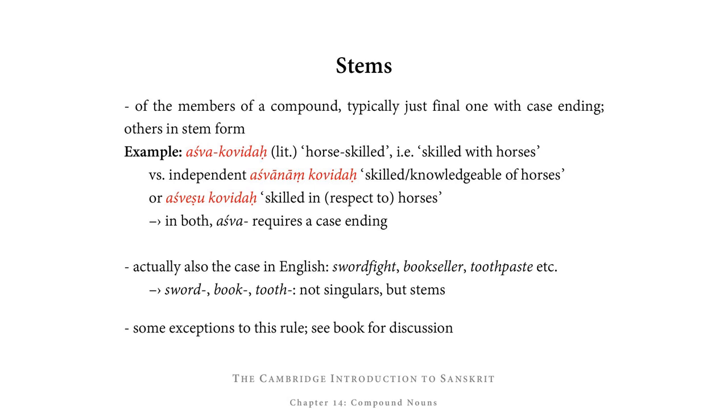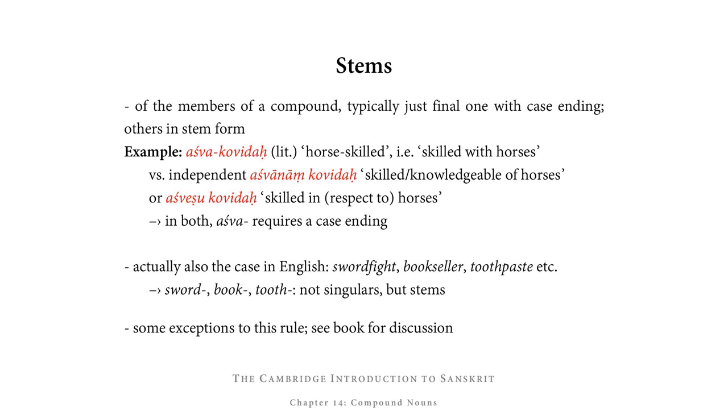This actually also is the case in English, but there it's hardly noticeable because there is little to no difference between a noun and the stem form of a noun. But if you look at compounds such as sword fight, bookseller, or toothpaste, you should note that a sword fight doesn't use just one sword, but almost by definition, a sword fight will be between two or more swords. A bookseller hopefully is going to sell more than one book, and toothpaste, one would hope, is for more than one tooth.